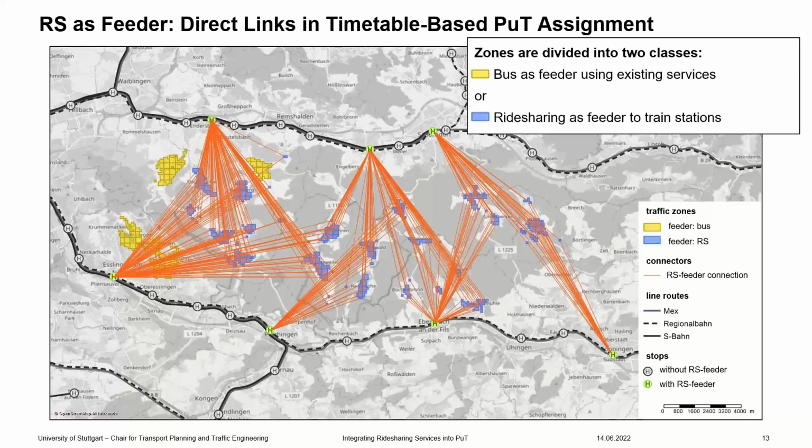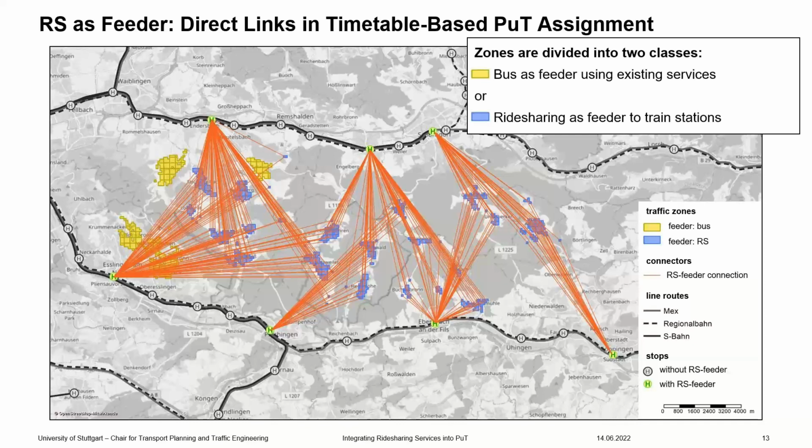Ride sharing as a feeder is a little more complicated to achieve, or the demand is a little more complicated to get, because we will only get it from the timetable-based public transport assignment. And in this, the ride sharing feeder links are modeled as direct links from zones to public transport stops where the transfer from ride sharing to trains is happening.